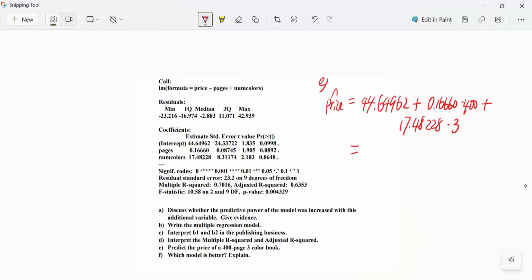That will give us the estimated price based on the model. You can also try it in your calculator.